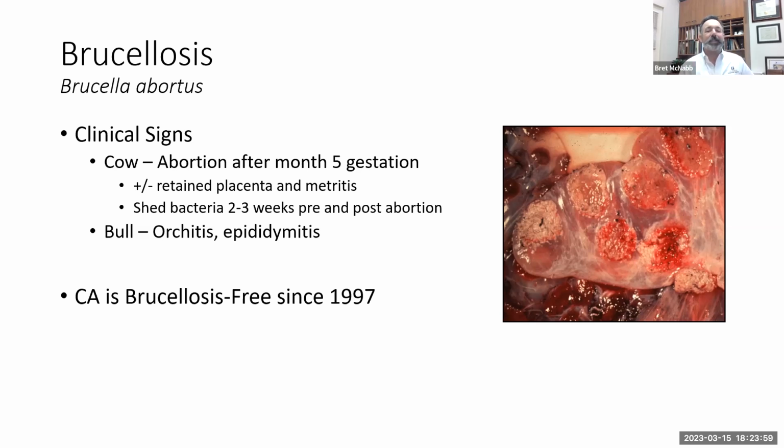So they're almost set up to fail when they are exposed to brucellosis. Most commonly, they're aborting mid to late gestation, causes retained placenta, causes a uterine infection or metritis, and then they like to shed that bacteria for multiple weeks and infect everybody else. Something that's also highly zoonotic, right? So very contagious to humans if we were exposed to it.